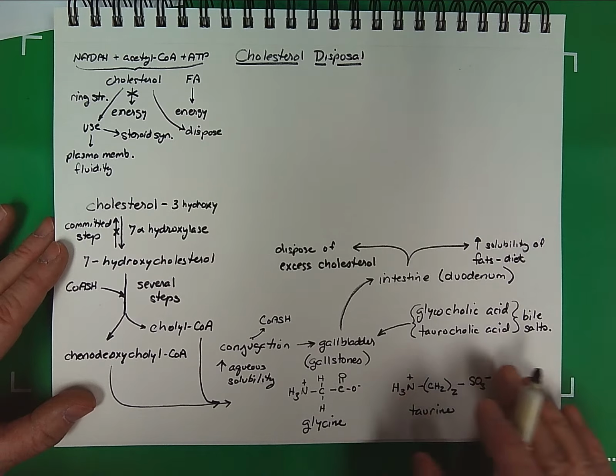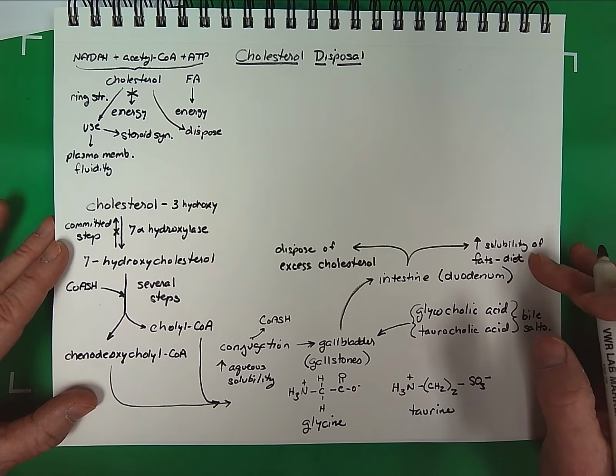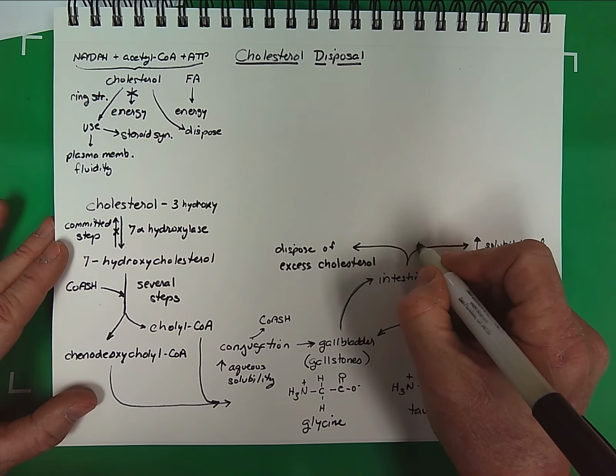So the primary chemistry that the bile salts are doing in the intestine is to form what are called micelle structures.